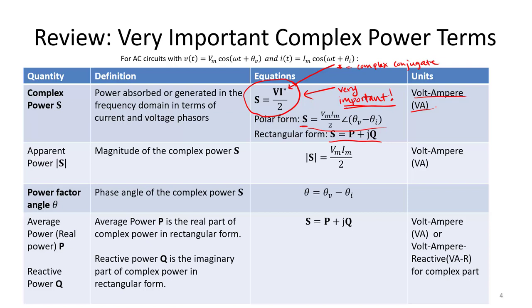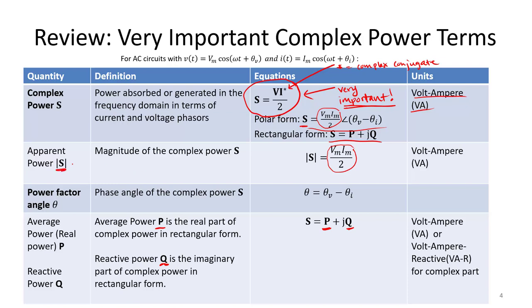We'll take a closer look today at these other terms that appear in complex power. So that includes our average power P, or the real part of complex power. We have reactive power Q, which is the imaginary part of complex power when written in rectangular form. We also have our magnitude of the complex power when we write it in polar form.